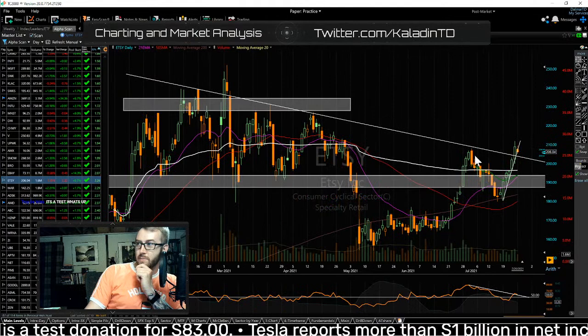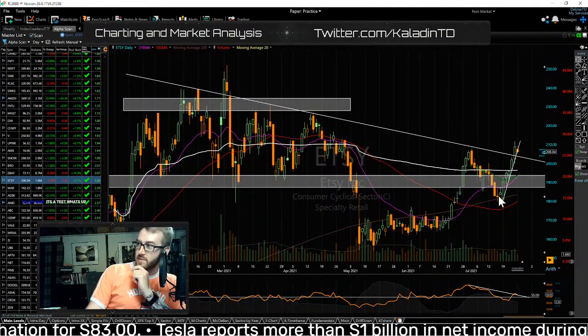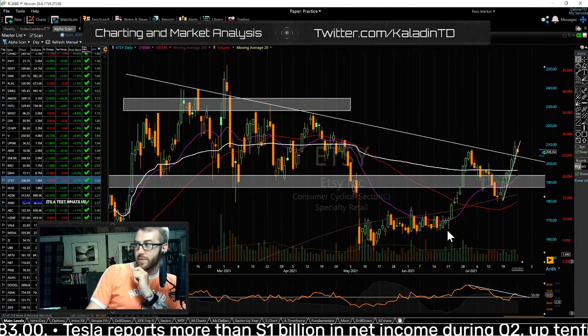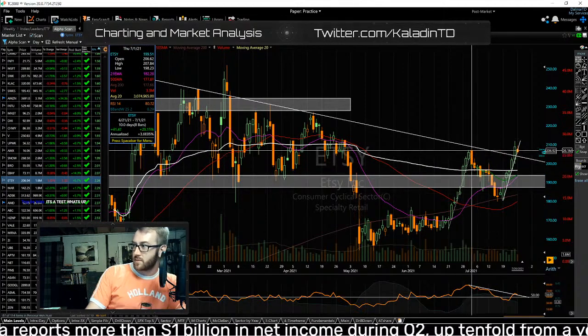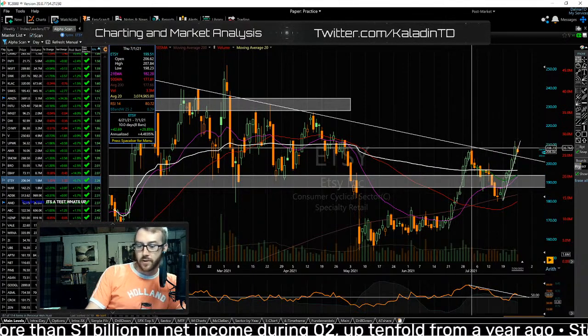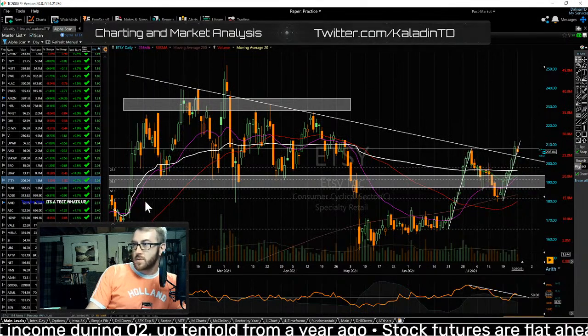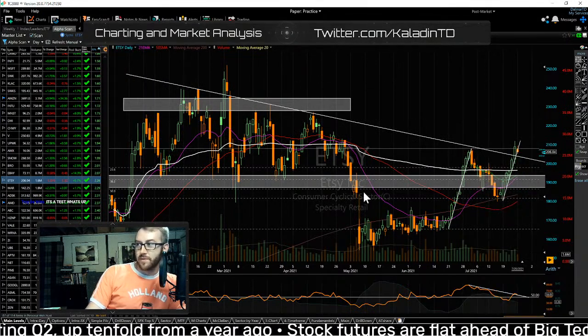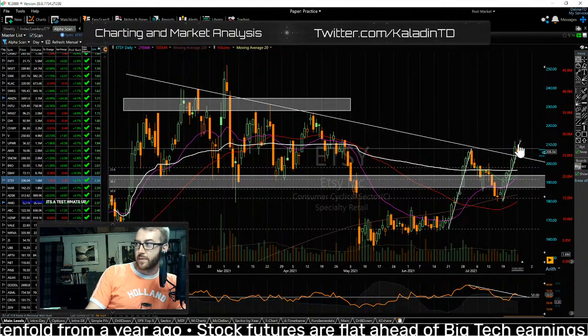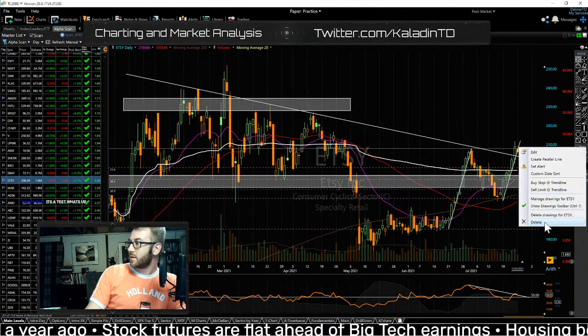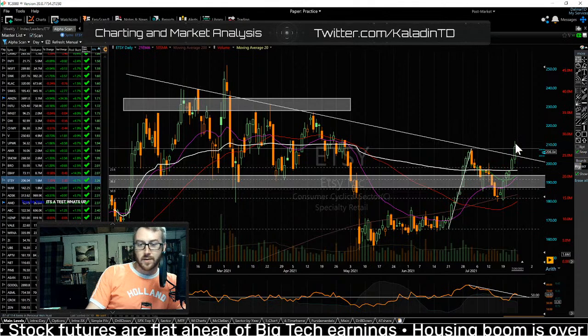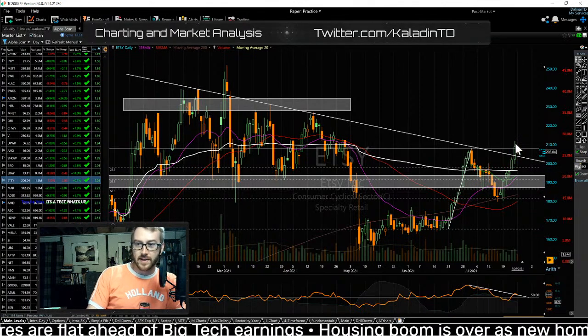Had a nice move up to test this resistance. Retrace back down, it was right off of the 200, so it basically almost perfectly hit the 0.618 retracement, which is awesome. And then it broke out, took a pause day today, inside day.